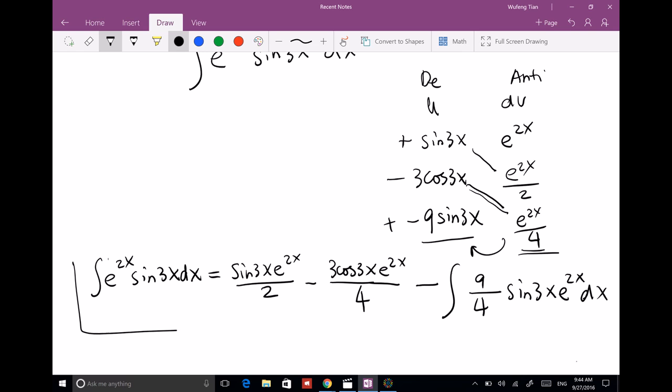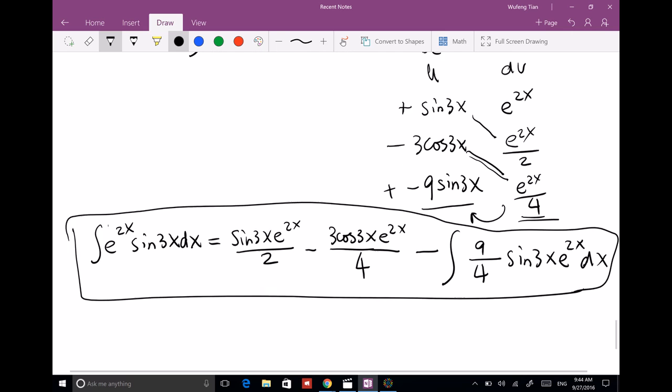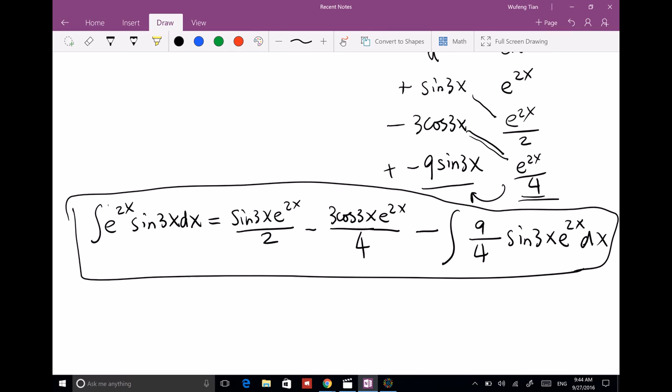So now I have this thing coming out. Maybe I just write this as e to 2x sine 3x, because it's pretty much the same.